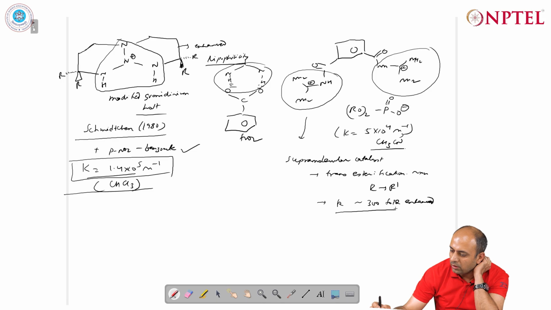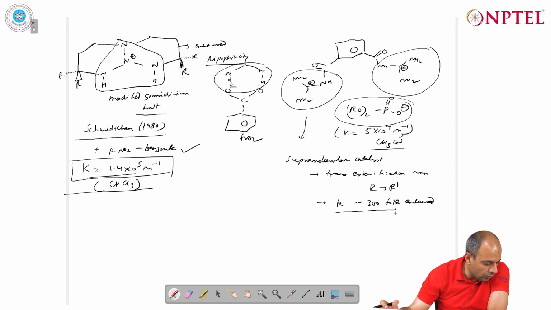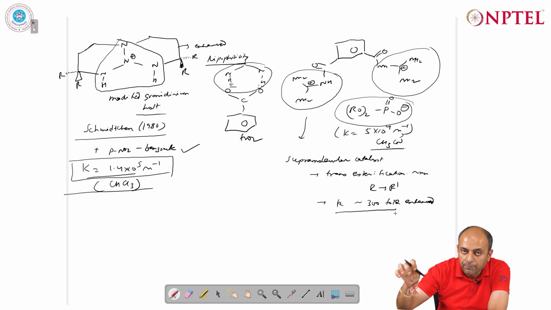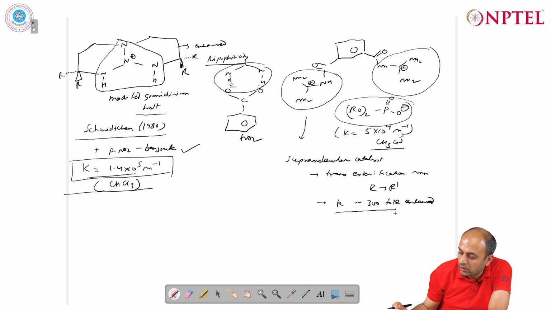So, when you want to do the trans-esterification reaction using this particular phosphate, replacing OR with OR prime, that reaction proceeds 300-fold faster in the presence of this particular supramolecular catalyst, that is the guanidinium based moiety, which is strongly hydrogen bonded with the phosphate, and this strong hydrogen bond actually lowers the activation energy necessary for the esterification process and achieves faster reaction rates.